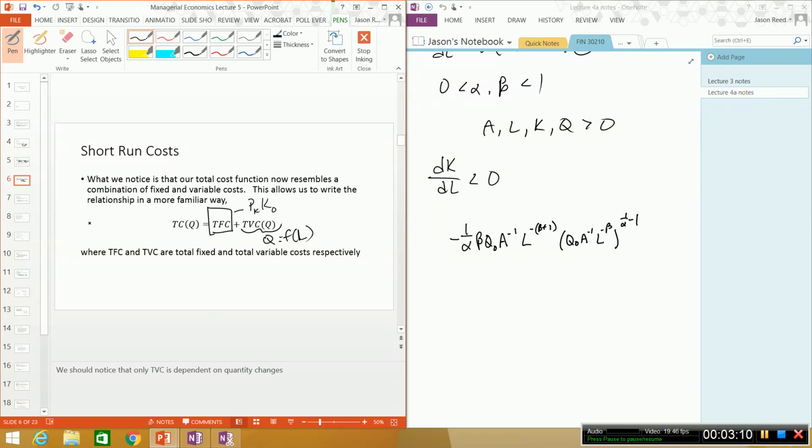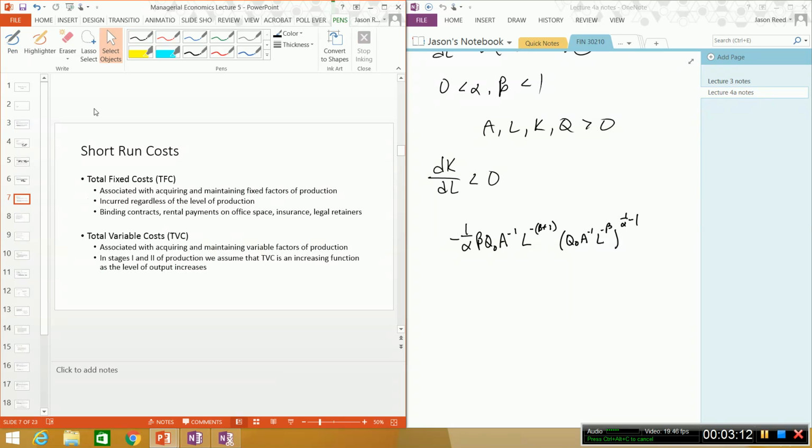We can move on and understand the short run costs a little better. Total fixed cost is associated with acquiring and maintaining fixed factors of production. These costs are incurred regardless of the level of production.